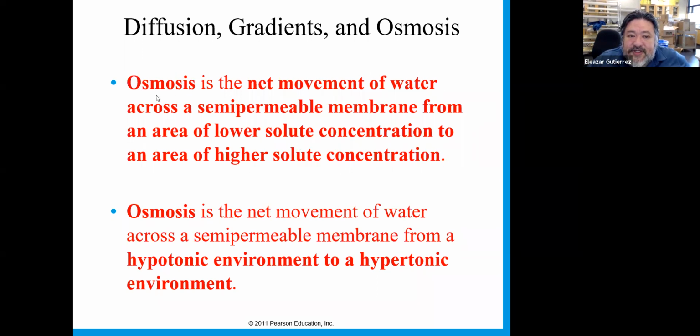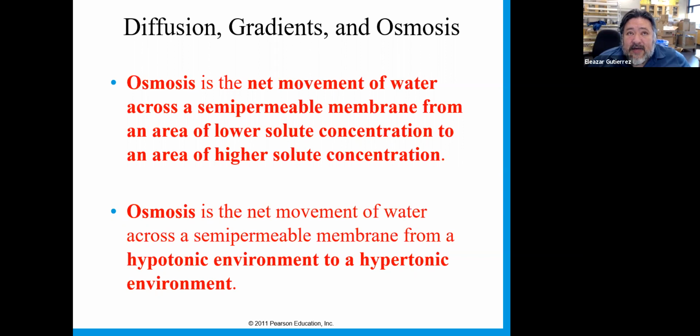So the diffusion of water is the movement of water from an area of high concentration to an area of low concentration. If you remember from last chapter, a solution consists of the solvent, water, and the solute, what's dissolved in the water, okay?